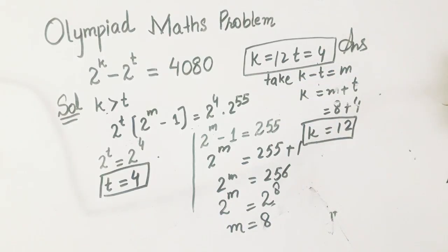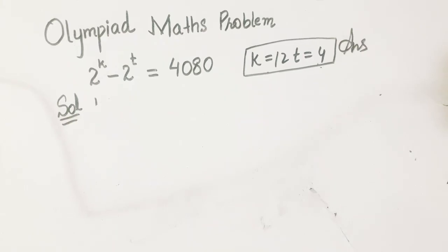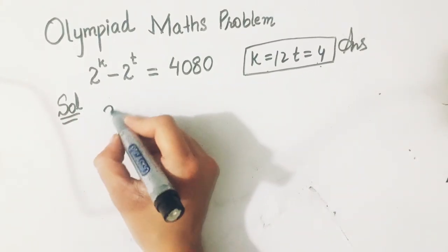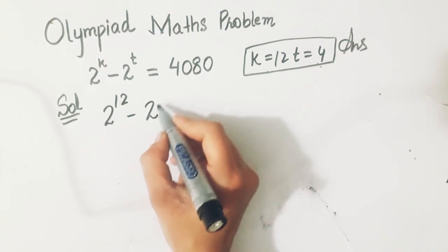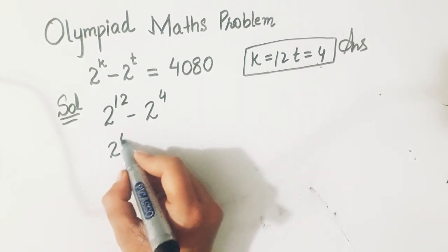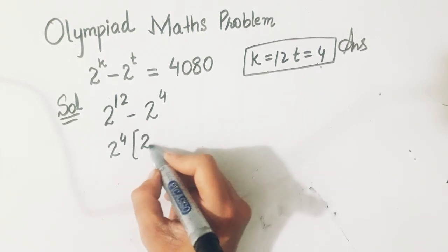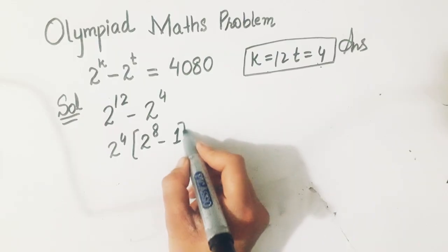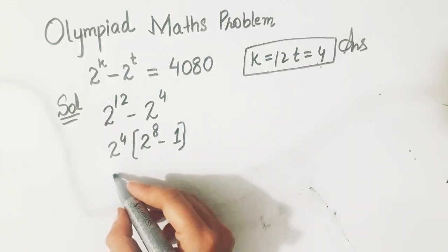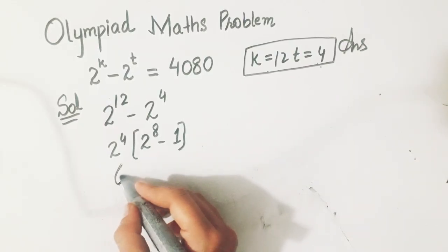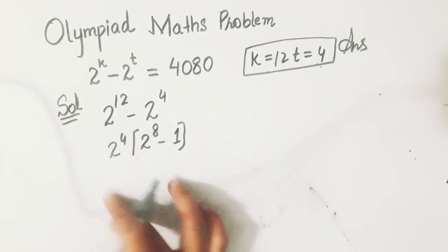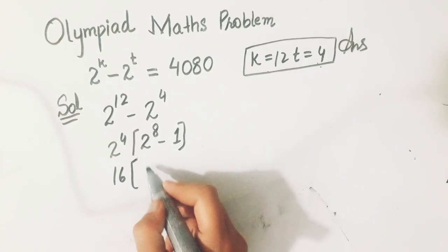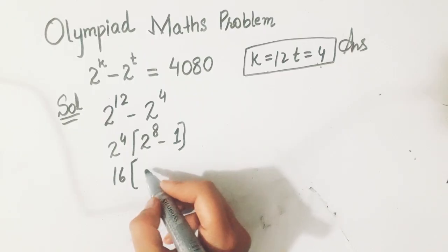Now we will do verification. For this purpose, we will substitute 2 raised to power 12 minus 2 raised to power 4. 2 raised to power 4 is taken as common, 2 raised to power 8 minus 1. Then 2 raised to power 4 is 16, and 2 raised to power 8 is 256.